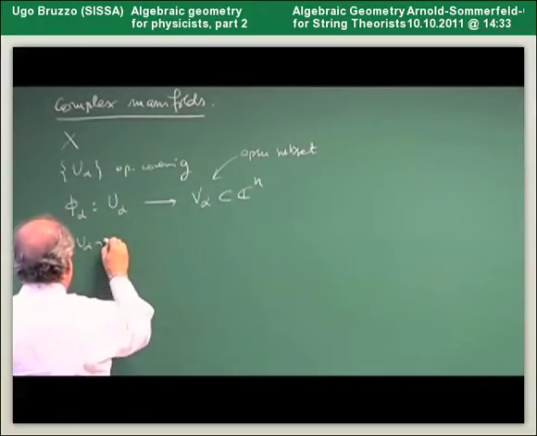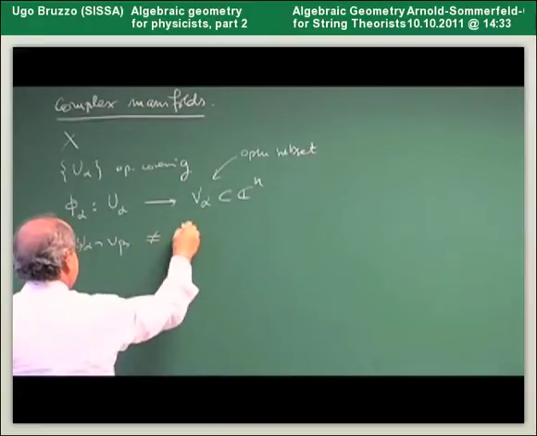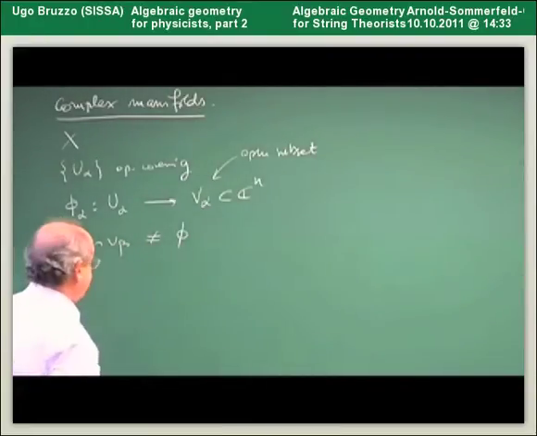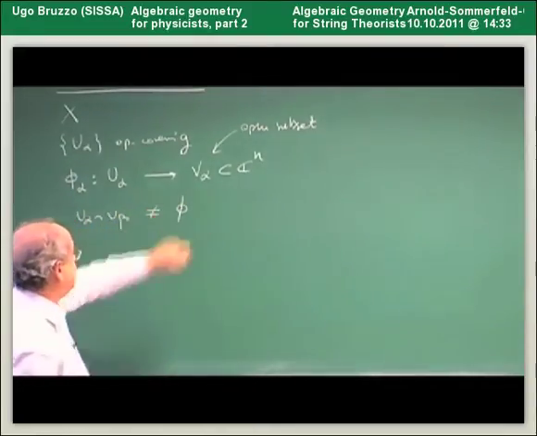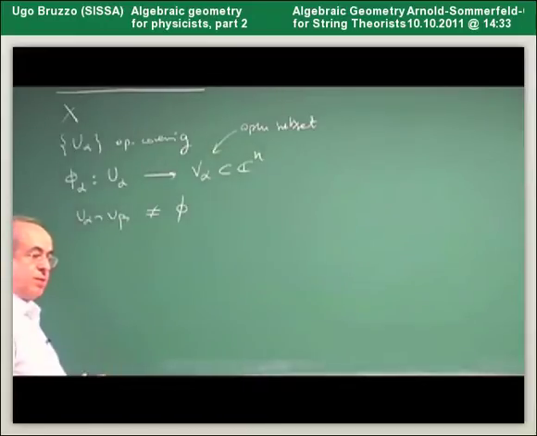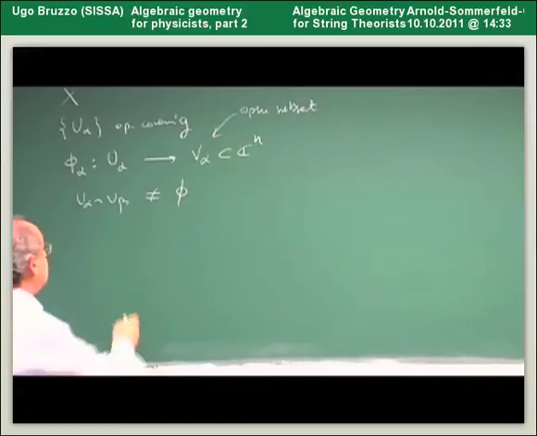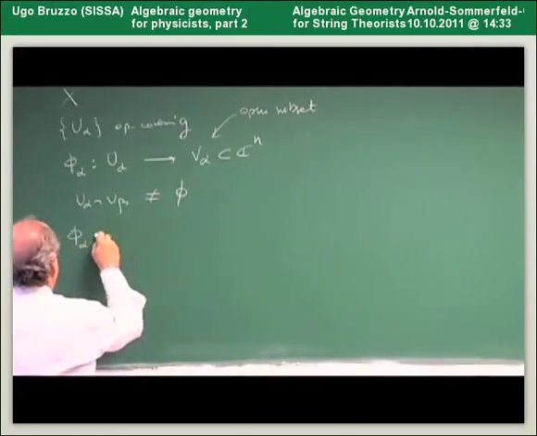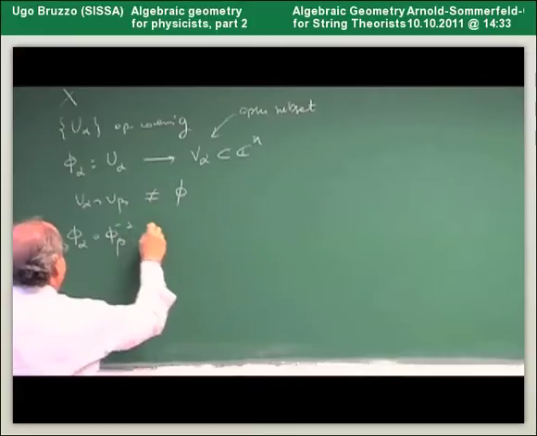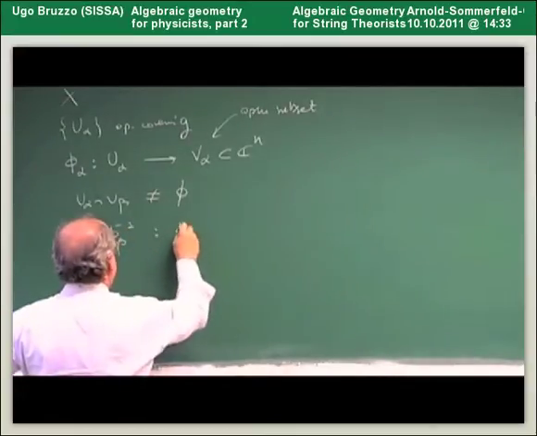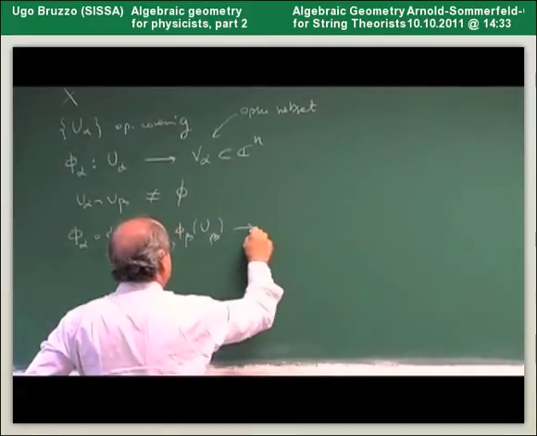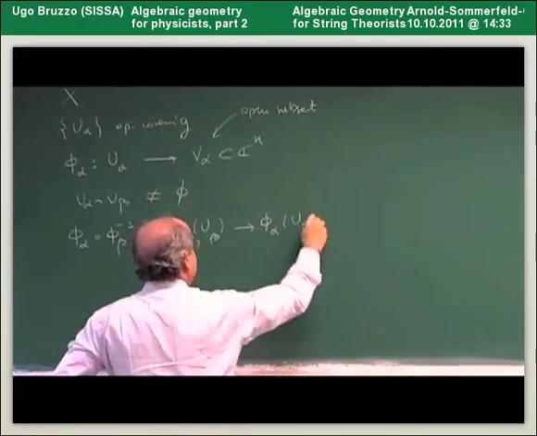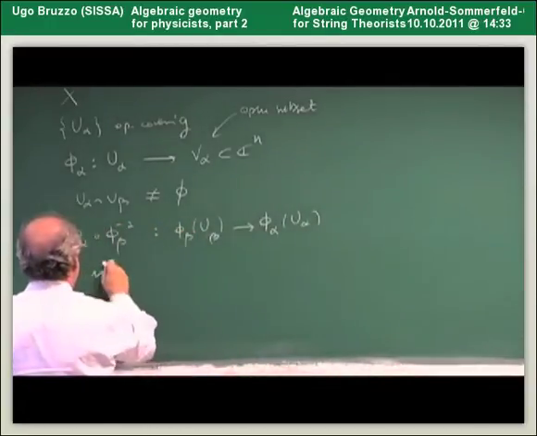Meaning that if we have an intersection which is non-empty, then we have two different ways of realizing this intersection as a subset of C^n, and we want the two different ways to coincide by means of what is called a biholomorphism. So in particular, we require that this map, from phi_beta(U_beta) to phi_alpha(U_alpha), every such map is a biholomorphism.